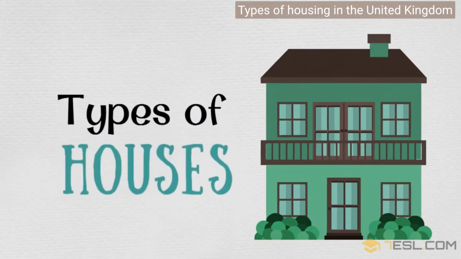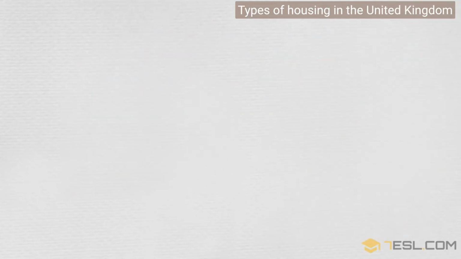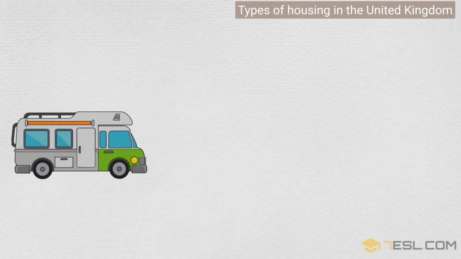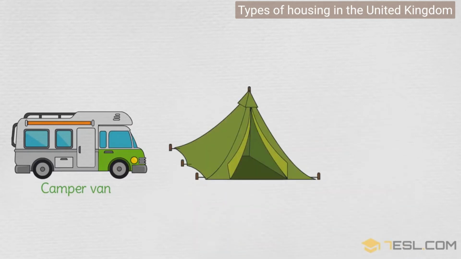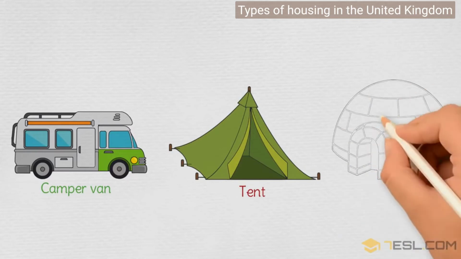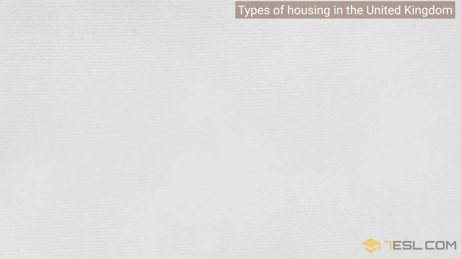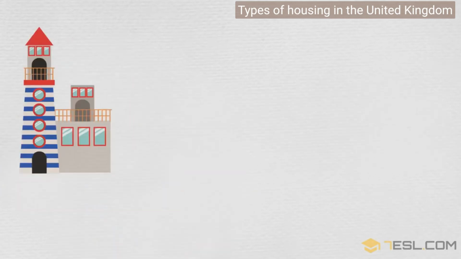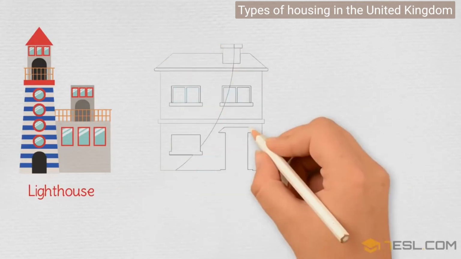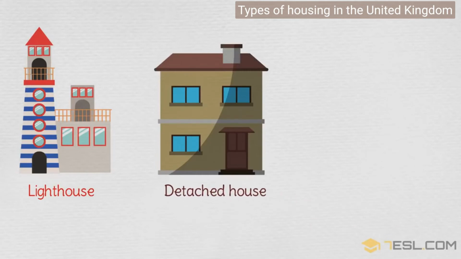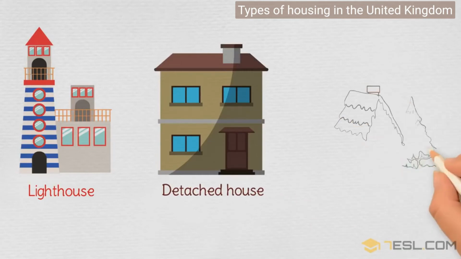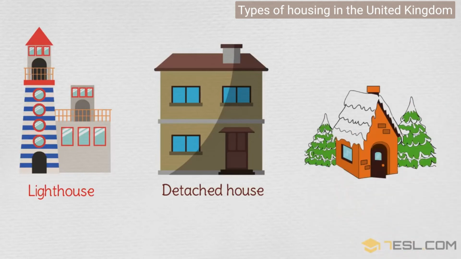Types of houses. Camper van. Tent. Igloo. Lighthouse. Detached house. Cottage.